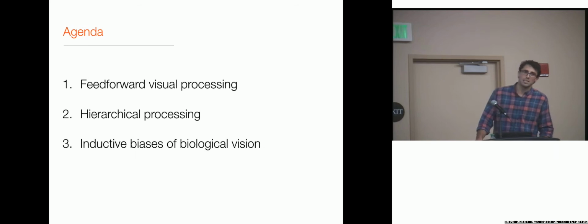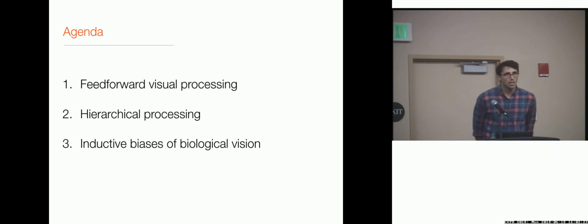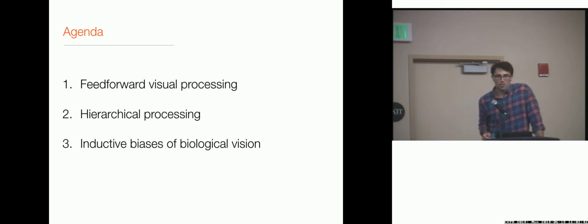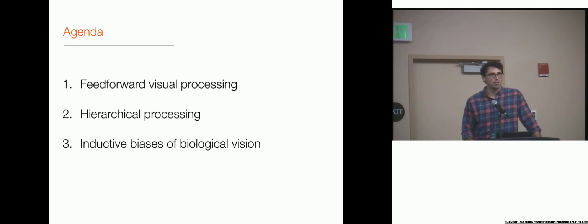I'll next move on to the type of architectures that I mentioned, these hierarchical architectures, which now have their cousins in computer vision taking over the world, the cousins being convolutional neural networks, and the original progenitors from neuroscience being things like the HMax, although there's many others, which I will also mention. And finally, we'll have some fun, and I will talk about some of the inductive biases of biological vision, which I believe are missing in our current approaches to computer vision.